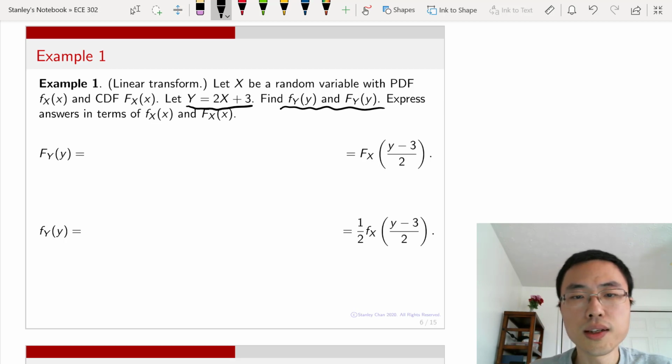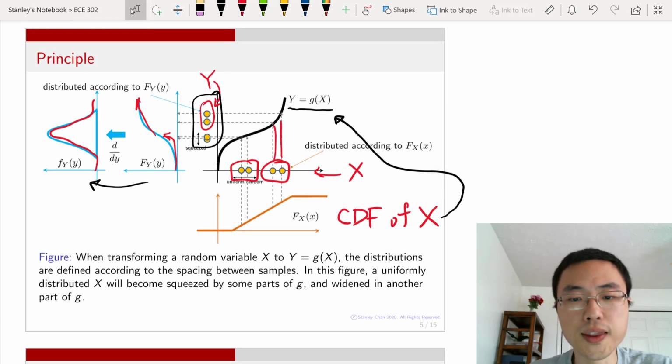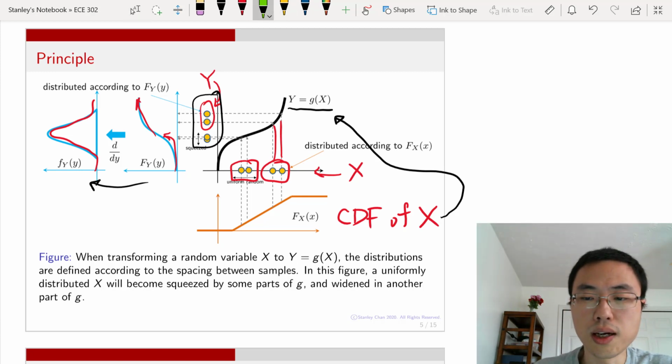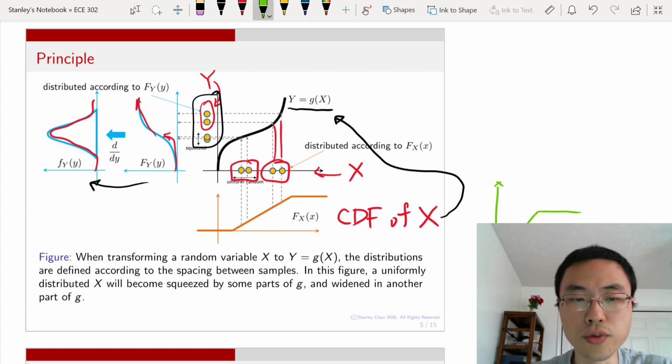Okay, let us go back to this diagram again. Let us try to think about how we should do it. This diagram says that I will start with some kind of distribution, which you may well just assume is uniform, but it doesn't need to be uniform.